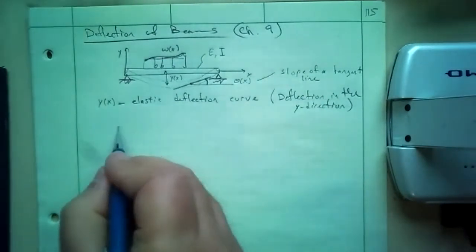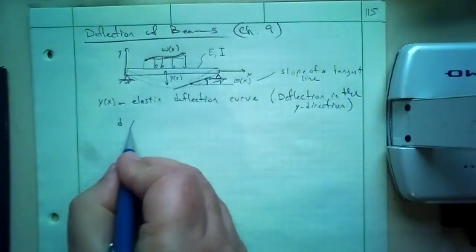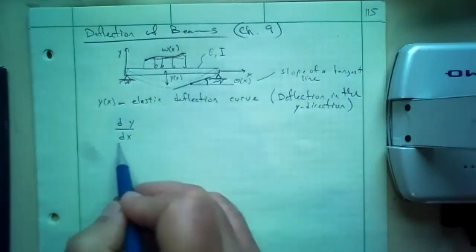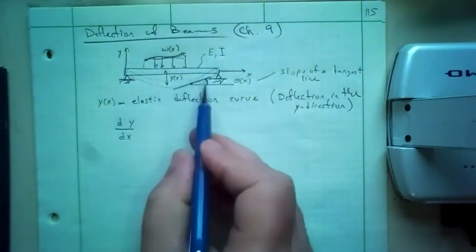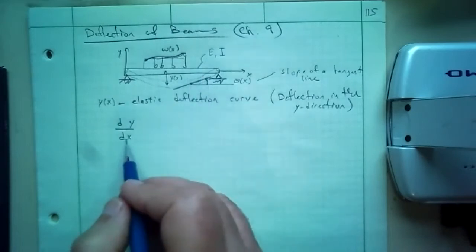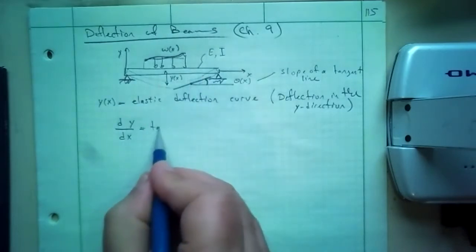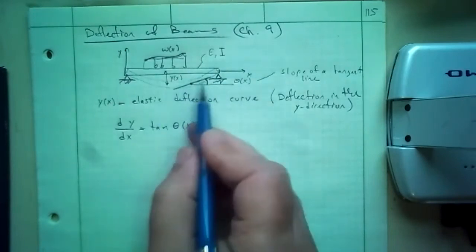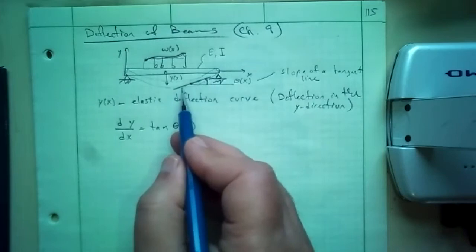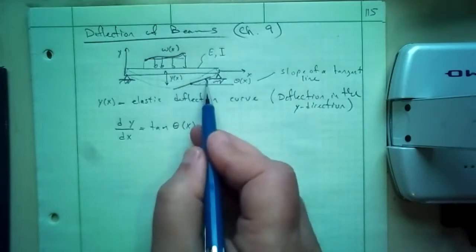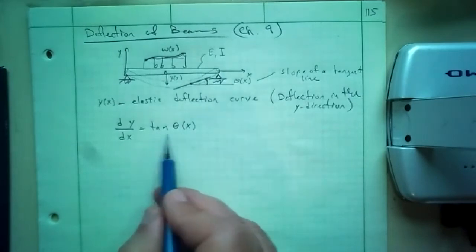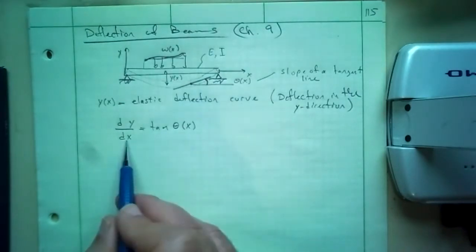The slope of the tangent line is basically the rate of change of y over x, rise over run, dy over dx, which is the tangent of this angle. If I draw a tangent line, that will be the angle with the horizontal. Tangent of that angle gives me the slope.